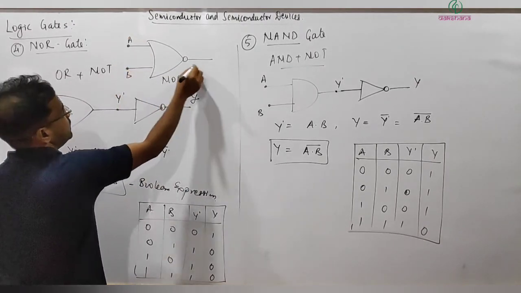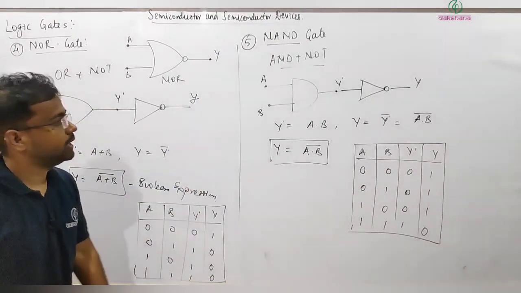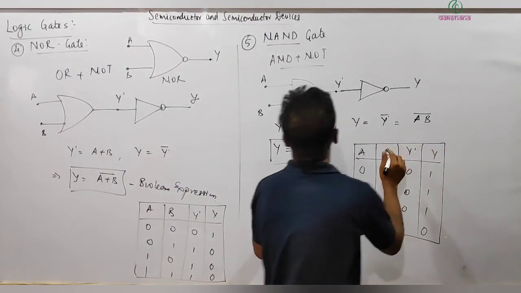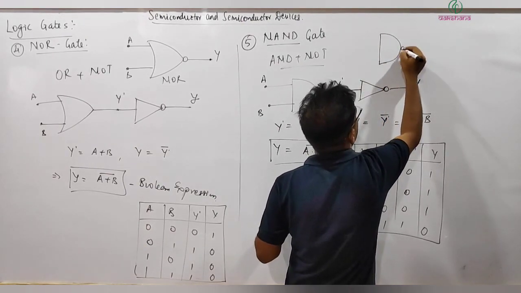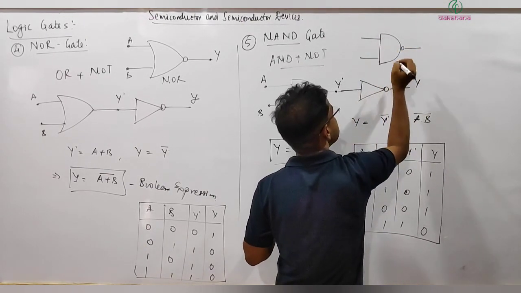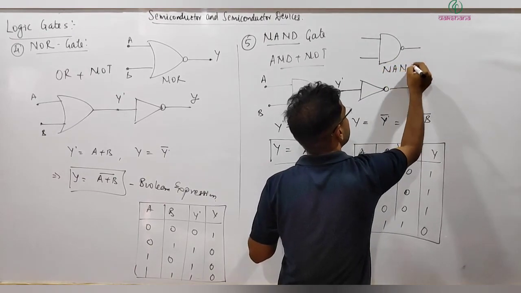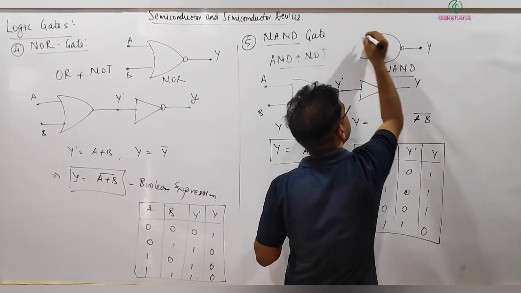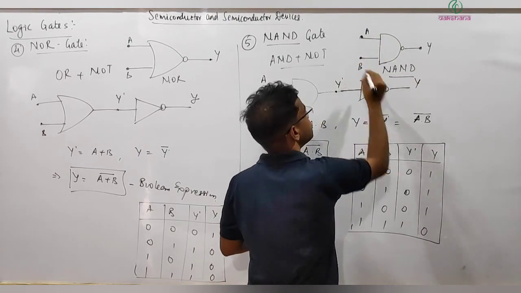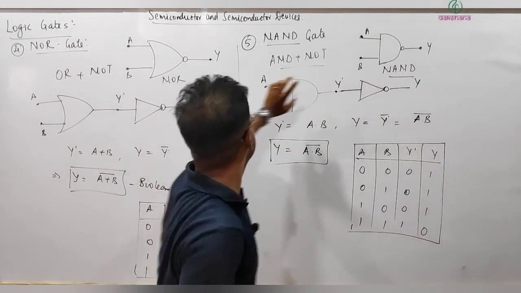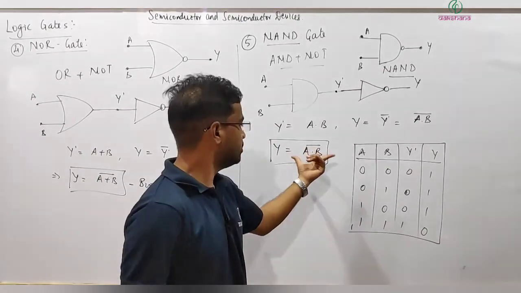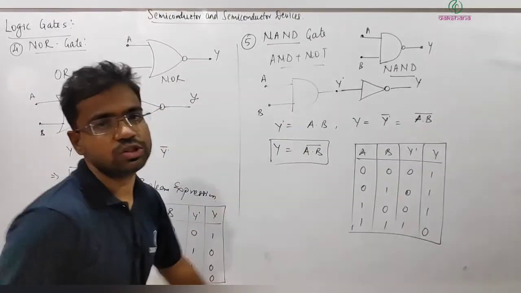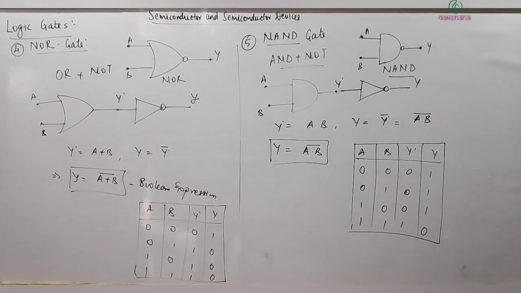A, B, and this is output Y. Similarly, for NAND gate, you will get a dot here. So this is the symbol for NAND gate. This is Y, A, and this is B. So this is NAND gate, this is NOR gate, truth table, function, Boolean expression. These are the things you should keep in mind. They will be used for solving problems.